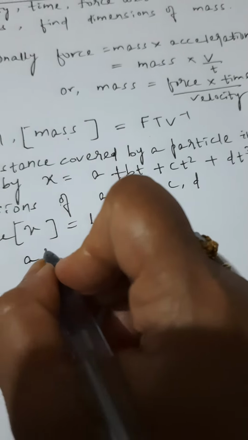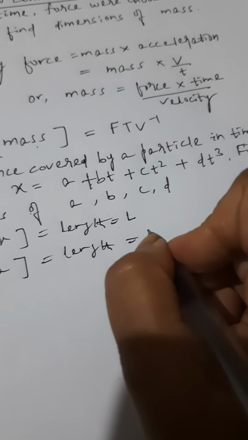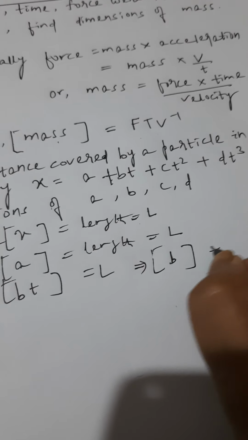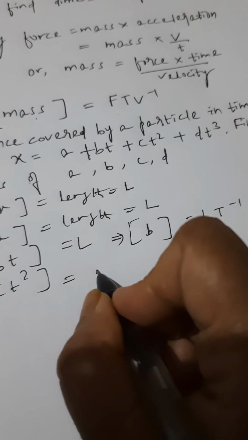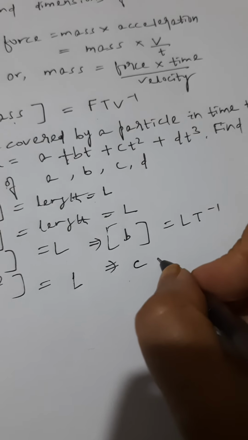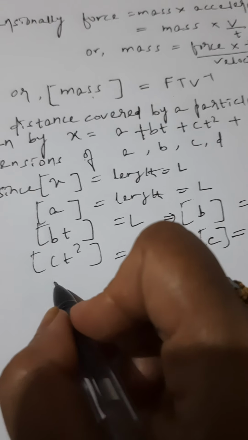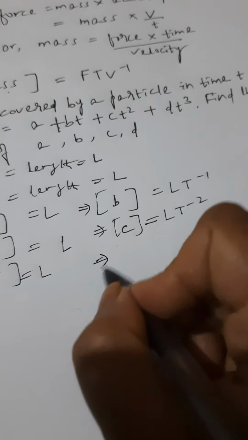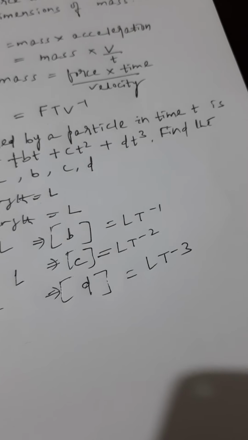So now a is equal to length, which is L. bt is equal to L, this implies b is equal to L T inverse. ct square is equal to L, this implies c is equal to L T to the power minus 2. dt cube is equal to L, this implies d is equal to L T to the power minus 3.